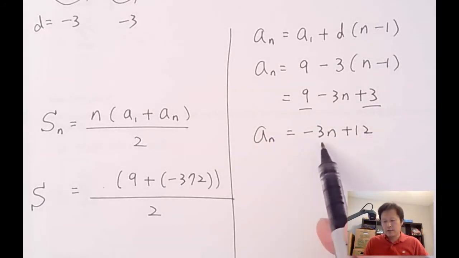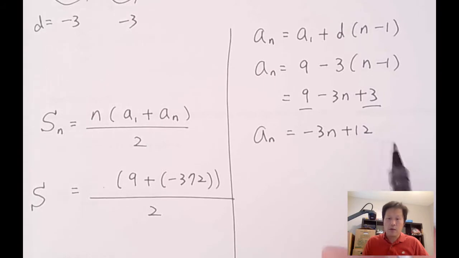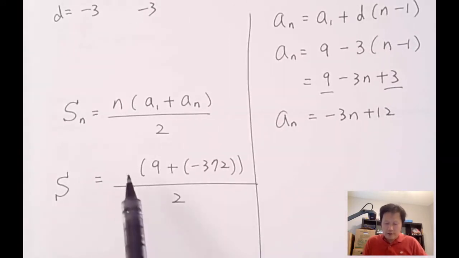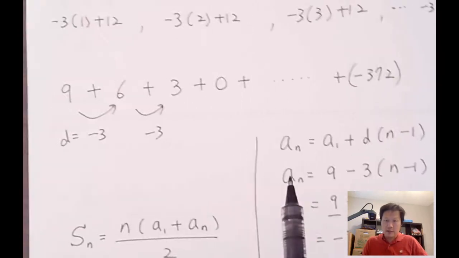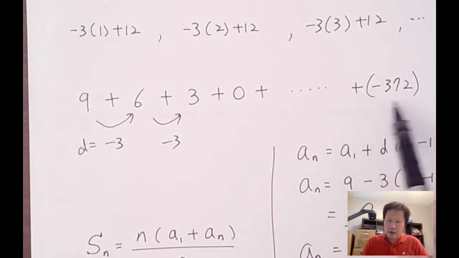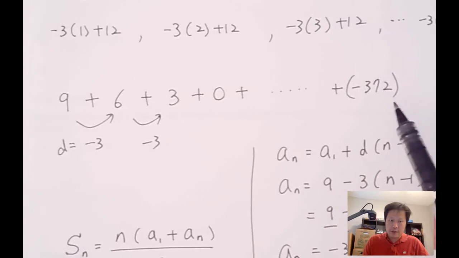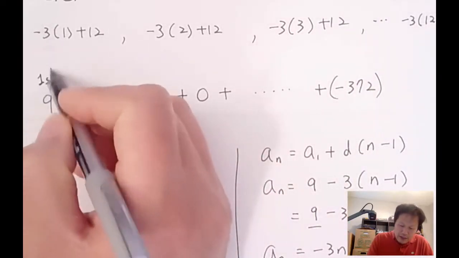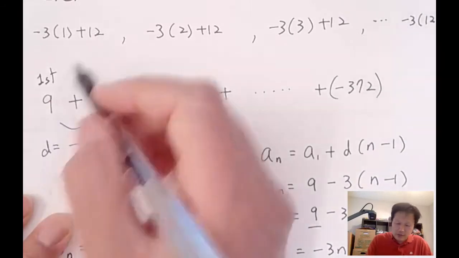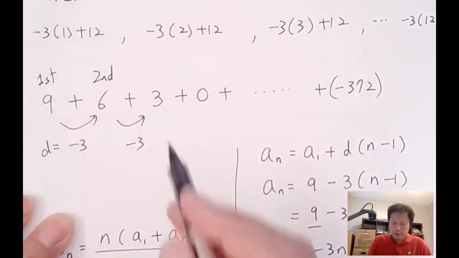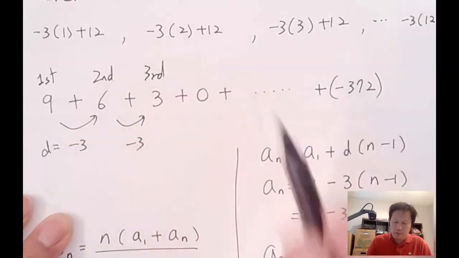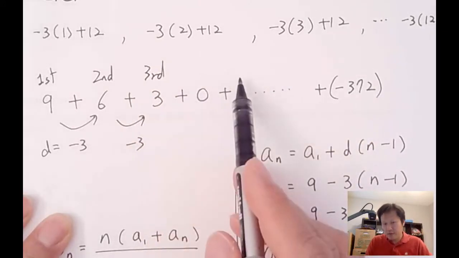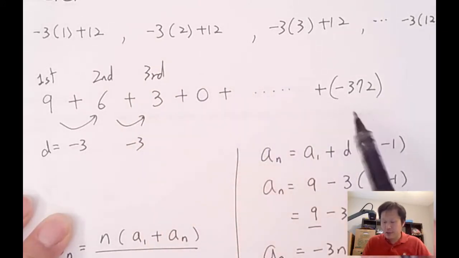What are we trying to do? We are trying to find the value of n, the index for the last term. Again, if you did not catch that from the first example, 9 is the first term, 6 is the second term, 3 is the third term, then fourth term, fifth term, sixth term. The question is, minus 372 is what term?